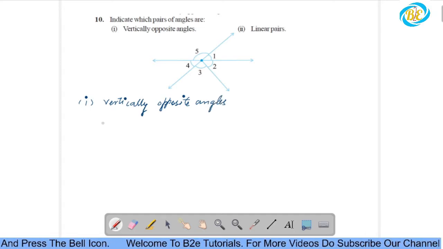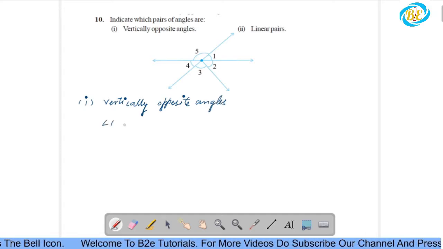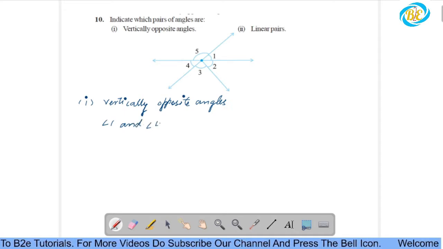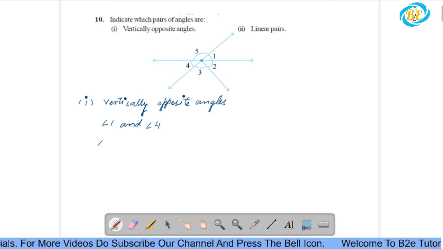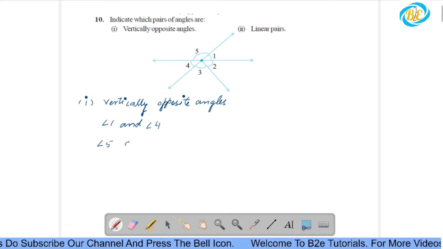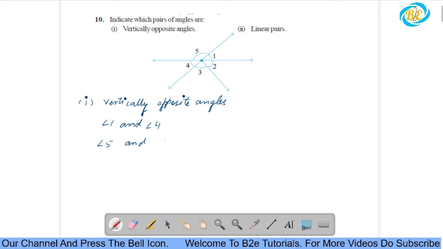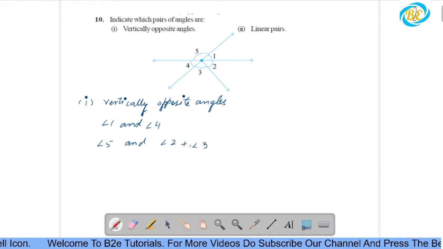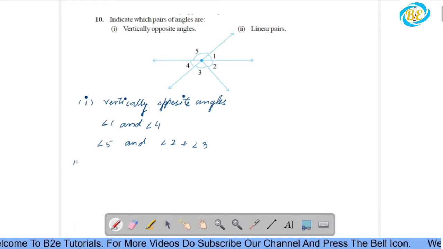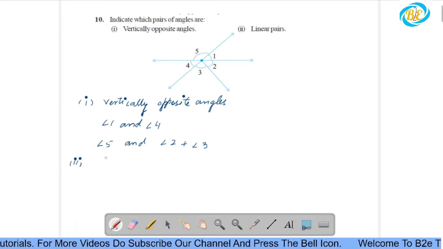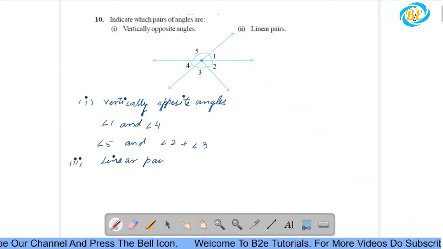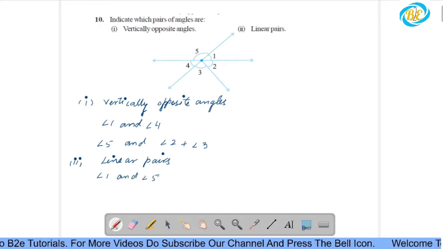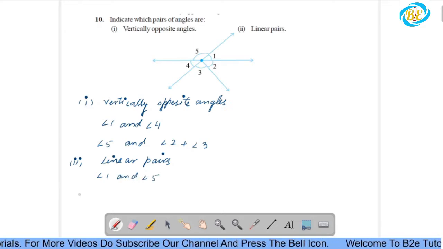Here angle 1 and angle 4, angle 5 and angle 2 plus angle 3. Then second part, linear pairs. Here angle 1 and 5, these are linear pairs. Then angle 4 and angle 5.